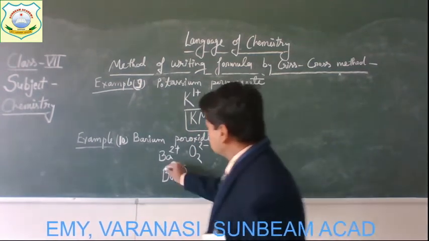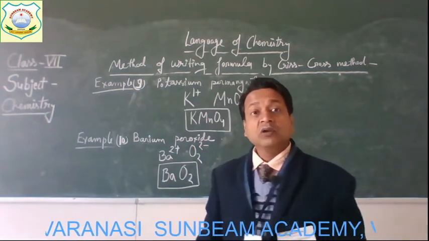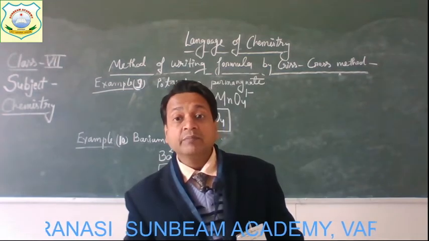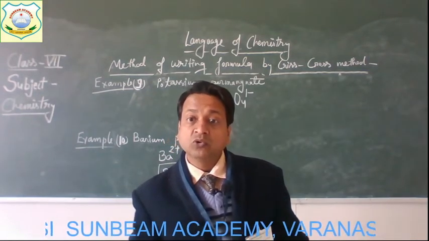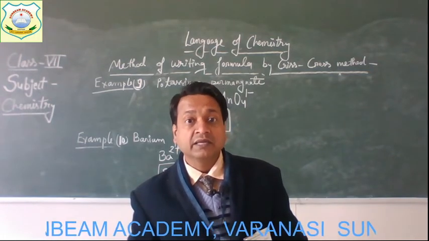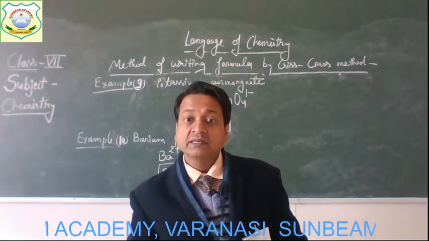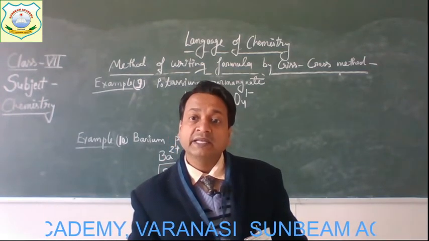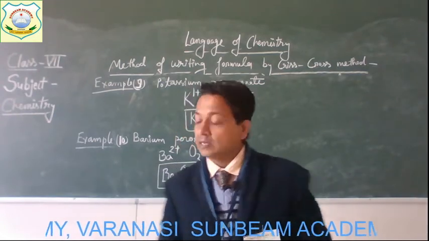Alright children, so the formula of barium peroxide is BaO2. Get it? That indicates the symbol of barium is Ba and the symbol of peroxide is O2. Get it? Now take some more examples.